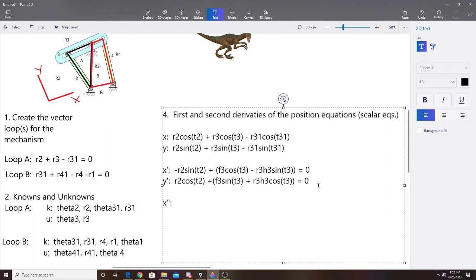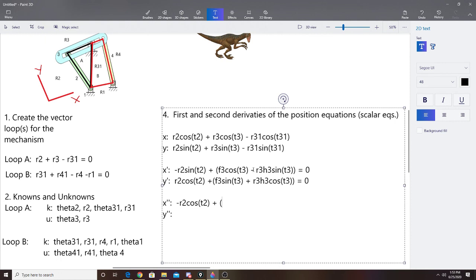X double prime. So the next derivative, which is the second one in our chain, we must do the exact same thing. We do R2, so minus R2 cosine T2 plus, now once again we've reached another point where we have some different variables in here that are both unknown.